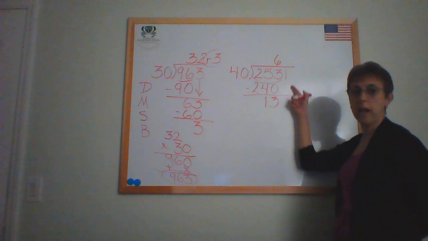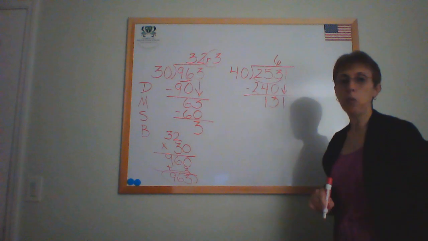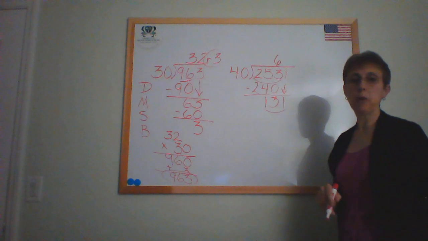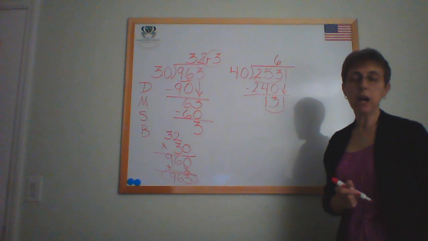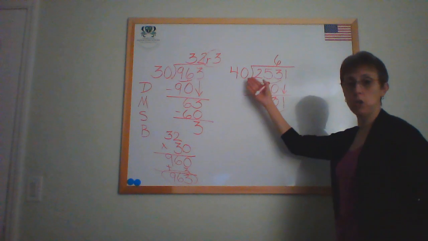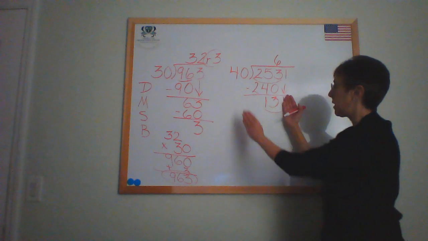but we look and we see that we still have this 1 hanging out, right? That's the next digit that we need to bring down, that 1. So now you have 131 divided by 40. Yes, that can be done, but to help us with that, to figure out what we should multiply the 40 by, we then look for that basic fact.